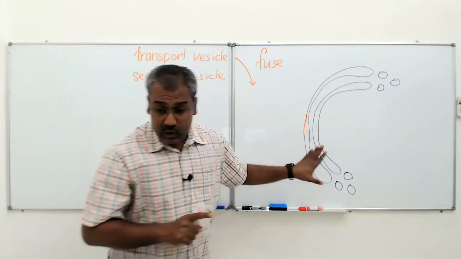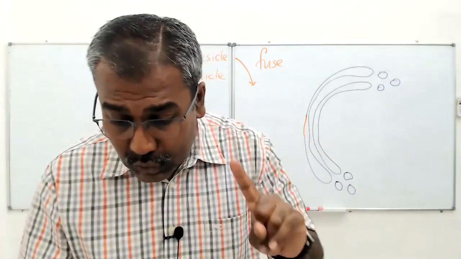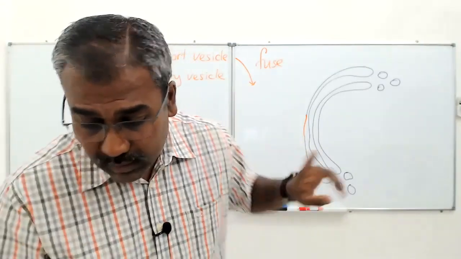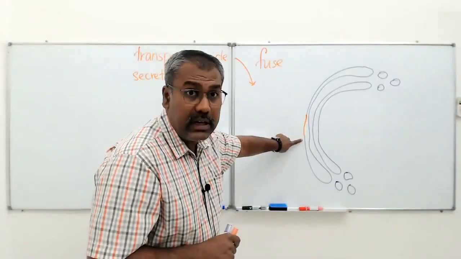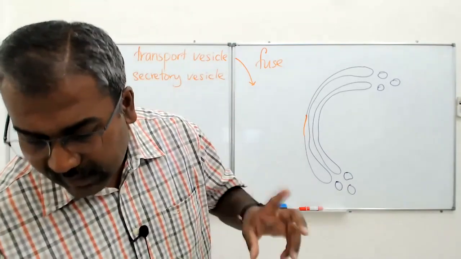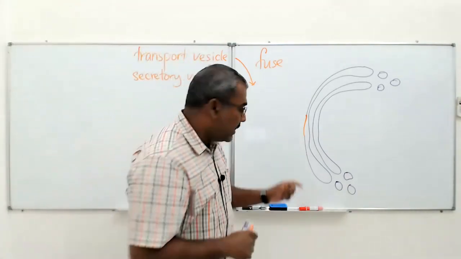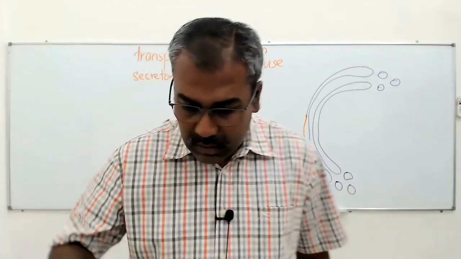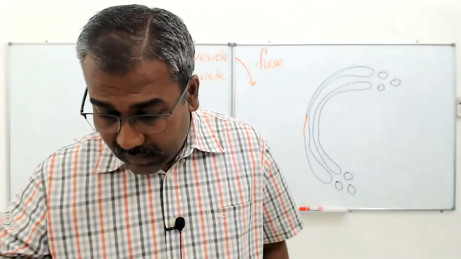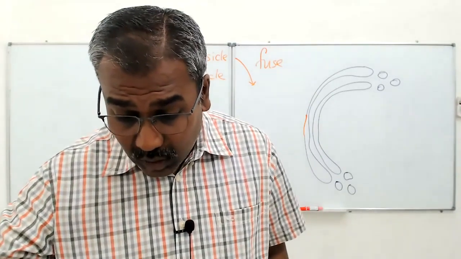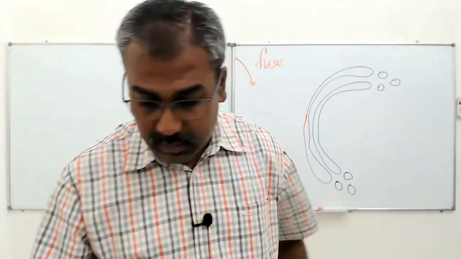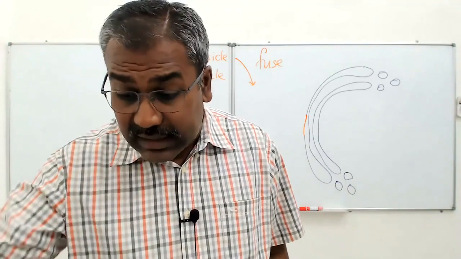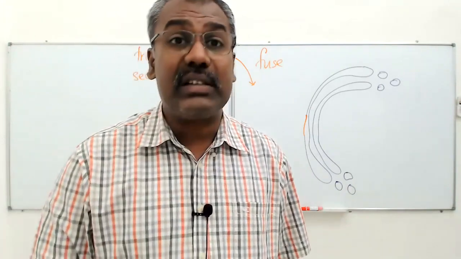Kemudian, ini maksud new membrane is added at one end of the Golgi apparatus. Membrane baharu ditambah pada satu hujung jasad Golgi. Okay, sekarang pula, and vesicles bud off from the other end, iaitu vesicle digentingkan dari hujung yang satu lagi.